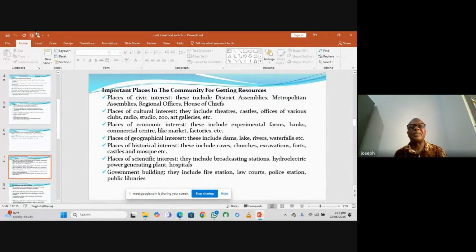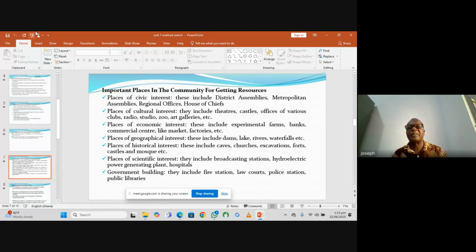We have places of cultural interest. They include theaters, castles, offices of various clubs, radio studios, the zoo, art galleries, and what have you. The Chief's Palace and all those are places of cultural interest. Then places of economic interest, where exchange of goods and services take place, where money changes hands.